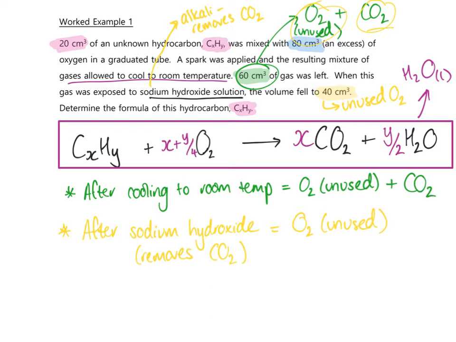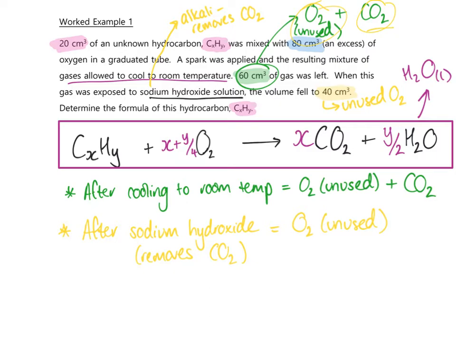So the gas that you're left with after cooling to room temperature, as we said, because that removes the water vapour, the steam, because it condenses back to a liquid. So after cooling to room temperature, you're just left with the unused oxygen and the carbon dioxide gas that's produced. What you'll do is then treat that with sodium hydroxide.